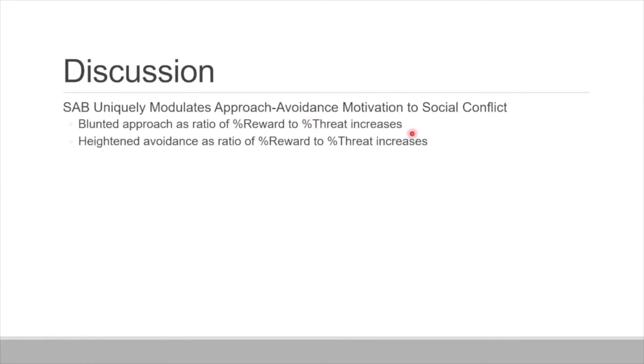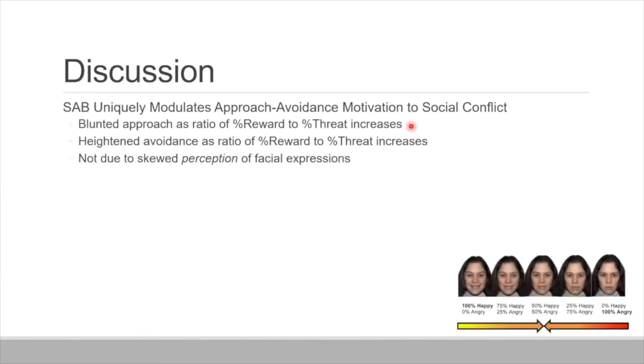One thing I didn't note earlier, but I think is important, is that just like in our preliminary study, we collected emotion perception ratings, so how happy or how angry they see each of these faces. And there are no interactions with social avoidance behavior there. So this doesn't seem to be attributable to individuals that are socially avoidant viewing these faces differently.